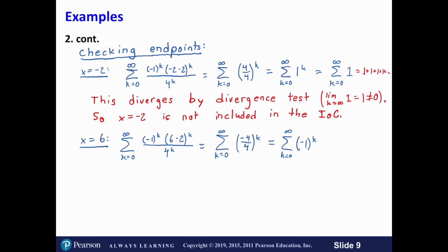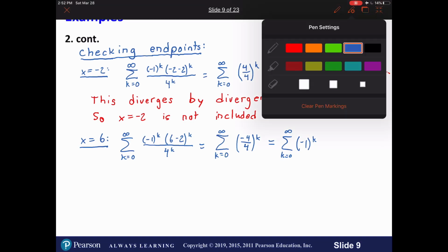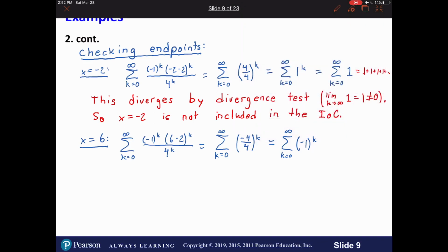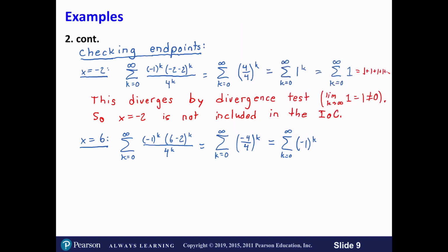And I want you guys to think about this one. Does this converge or diverge? This will diverge as well. It also diverges by the divergence test. We can write the details.